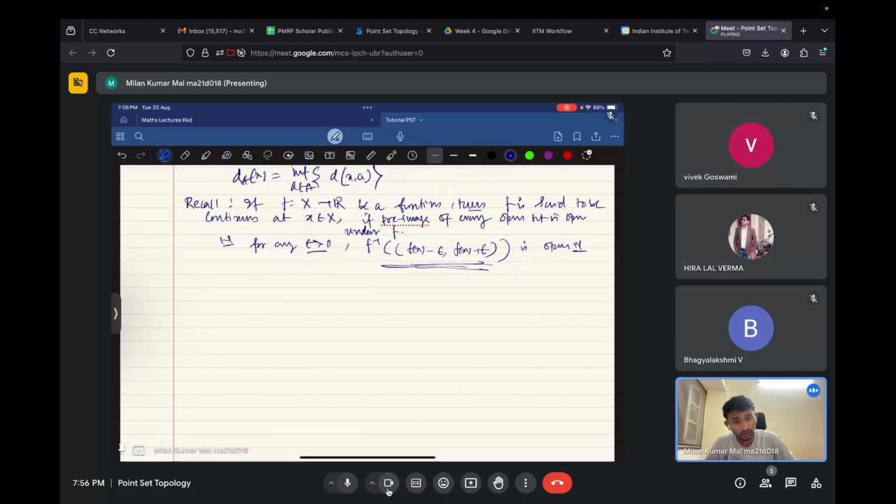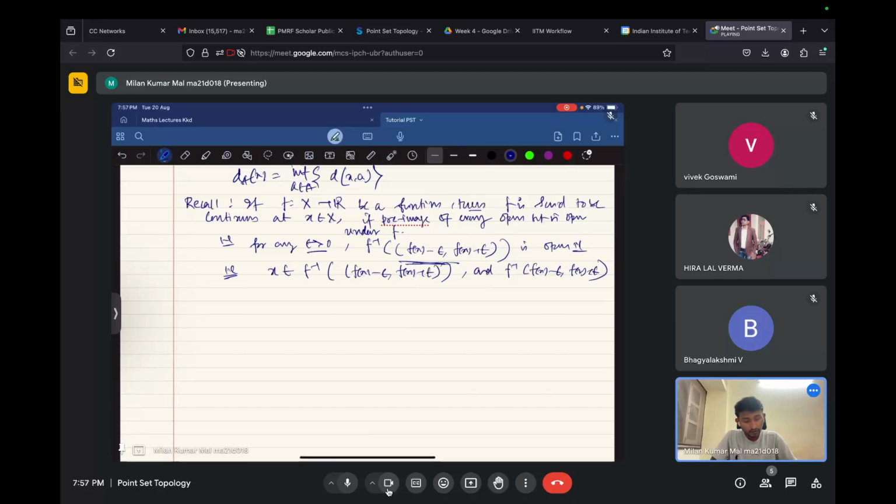That means, when will a set be open in a topological space where the topology is generated by the metric? Now this is sitting inside X, and X has a topology which is generated by the metric D. So this is open, that means this particular set will be open, and that is containing x. So x belongs to f inverse of (f of x minus epsilon, f of x plus epsilon).